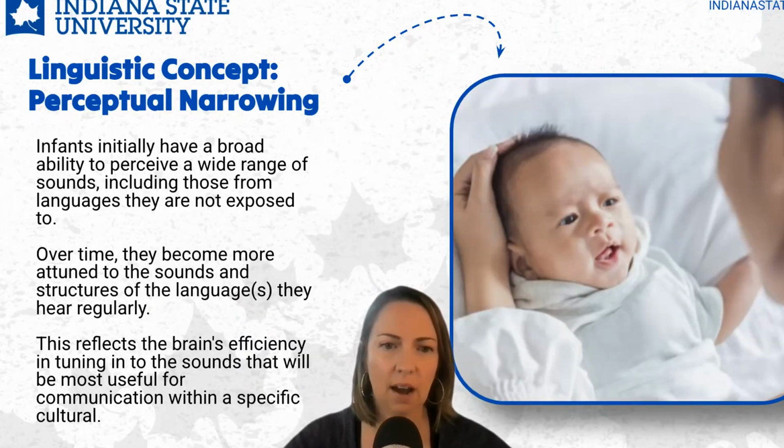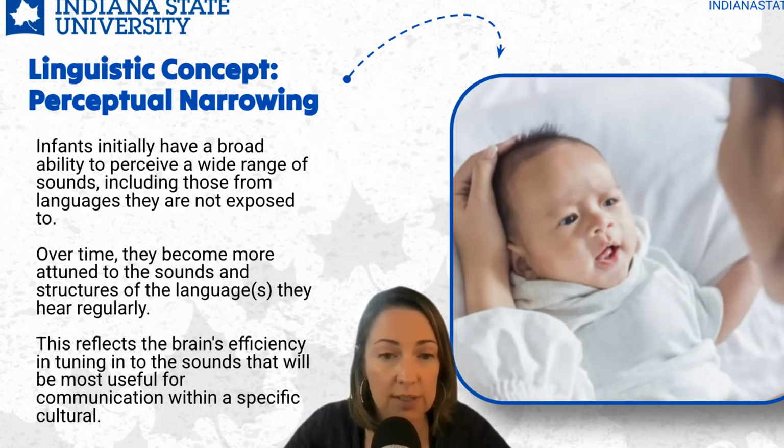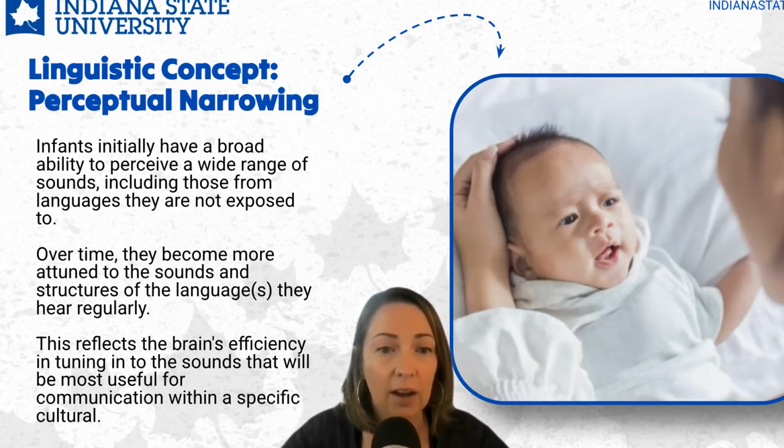There's a linguistic concept called perceptual narrowing. As an infant, your brain has the capacity for all languages. But by the time you are 6 months to 1 year old, your brain starts pruning those sounds that it doesn't need. So if you are an English-speaking household, your ear is going to develop those types of sounds.